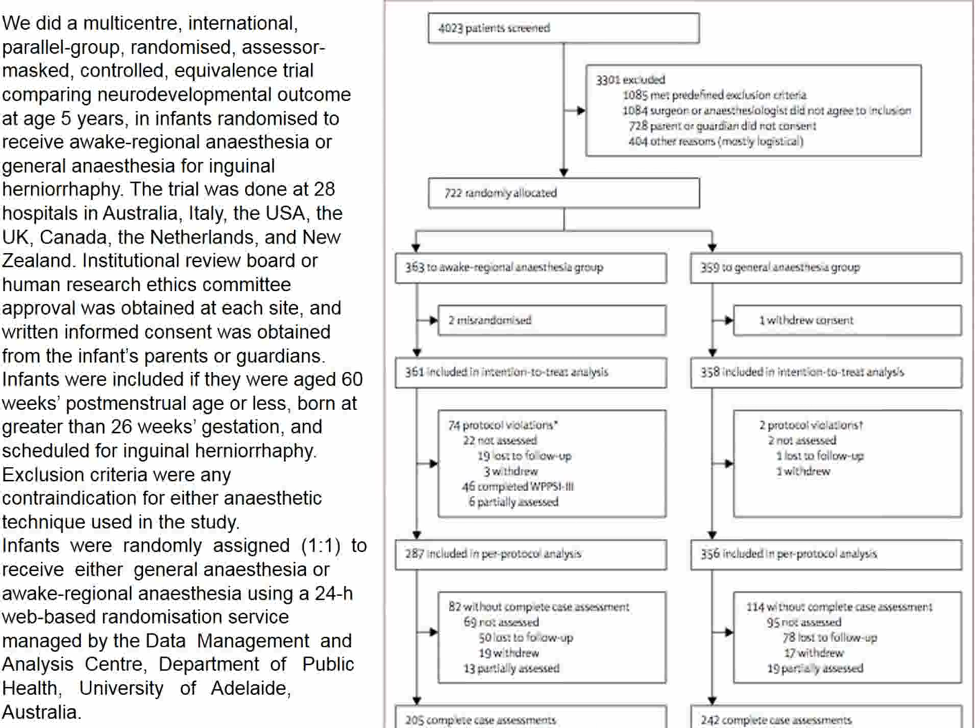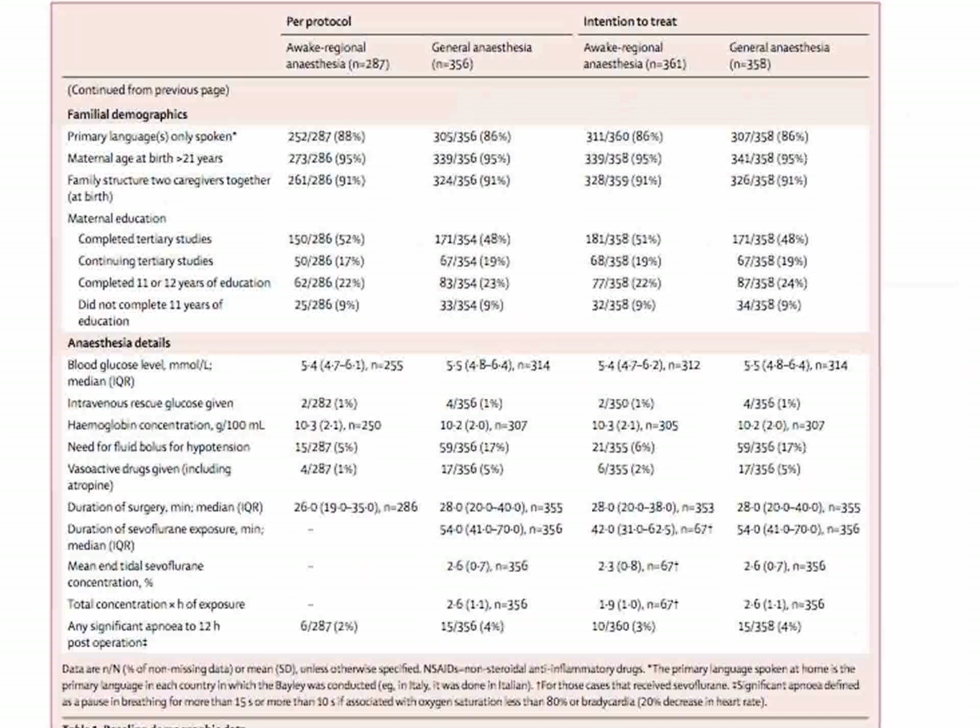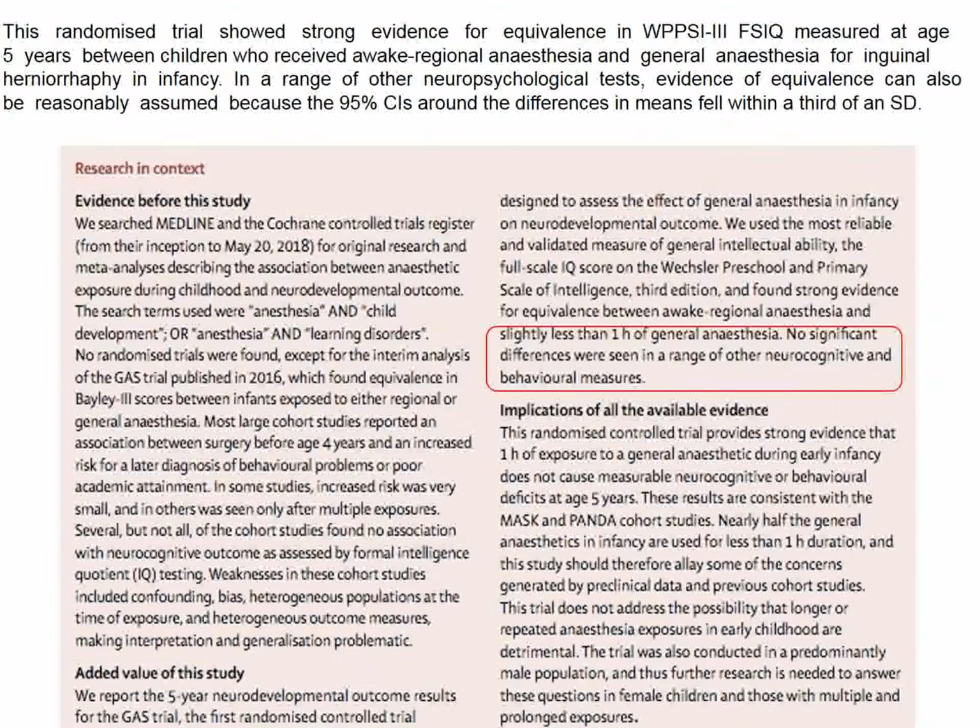And parents want to know if the doctors recommend a general anesthetic, that their child isn't going to suffer some consequences for a general anesthetic compared to local anesthesia. So these children were randomized, 722 of them, either to a generalized anesthesia strategy compared to a local anesthetic strategy. And there are details on this that you can review in these various tables shown here.